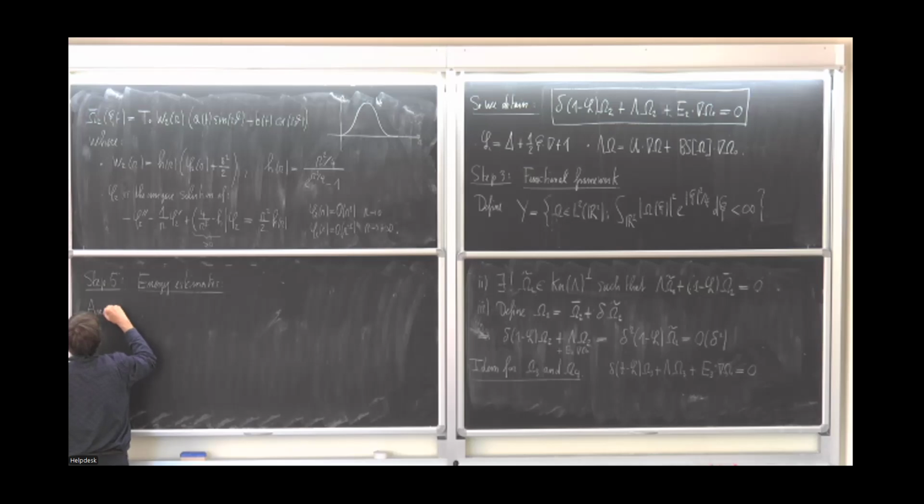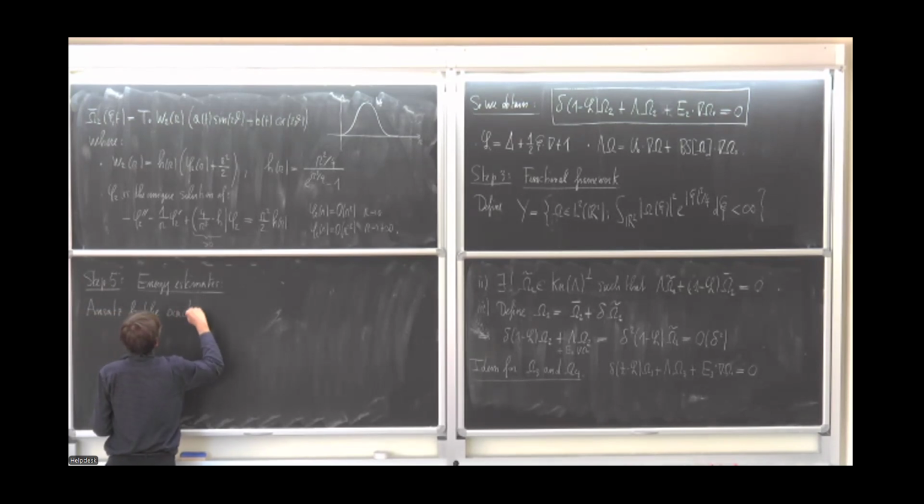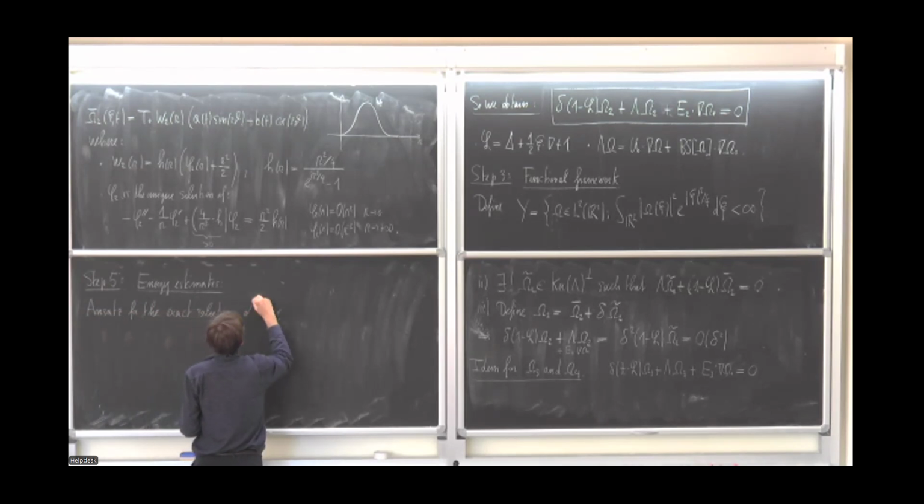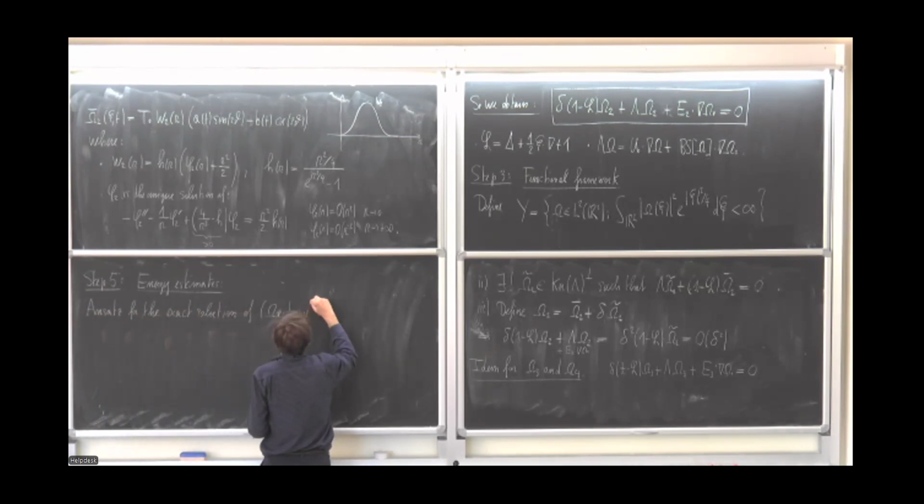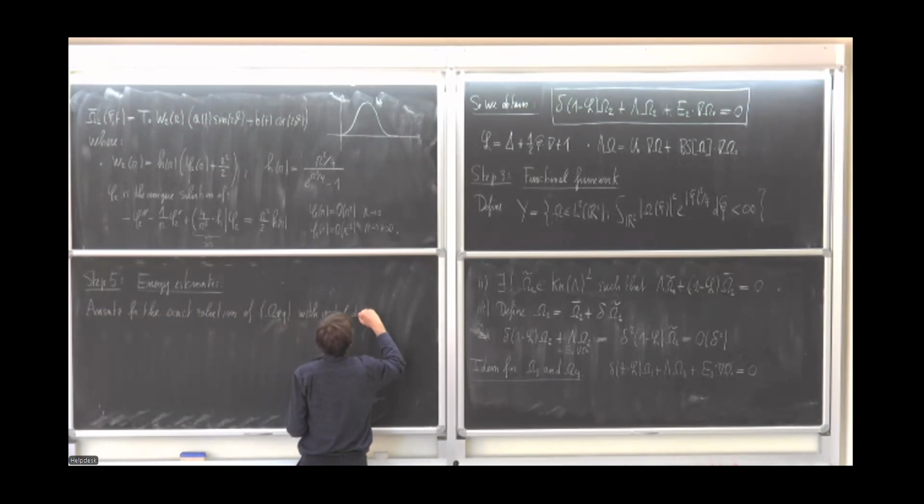We make the following ansatz for the exact solution of my vorticity equation in self-similar variables with initial data capital omega 0.